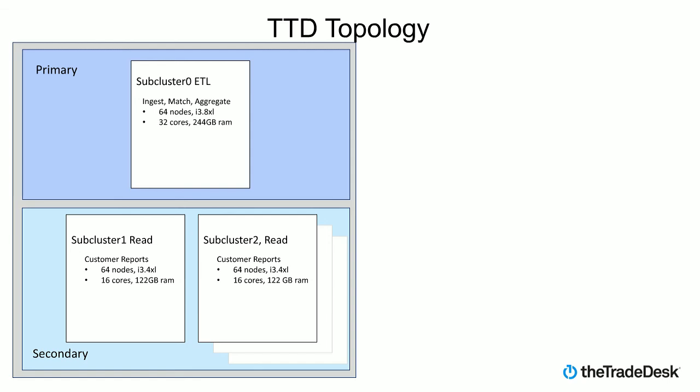So these are smaller, as you'll notice, but it works out well for us because the read workload is typically dealing with much smaller data sets than the ingest or the aggregation workload. So we can run these workloads on smaller instances and save a little bit of money and get more granularity with how many subclusters are stopped and started at any given time.